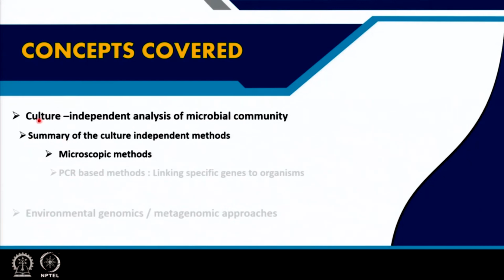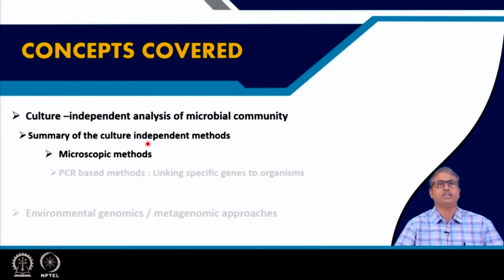We will introduce ourselves to the culture independent approaches that are being practiced, and a broad overview of the summary of different culture independent methods will be discussed, followed by the discussion on different microscopic methods, particularly the fluorescent microscopic methods, which have been used widely to describe the importance of specific groups of microorganisms or the general abundance and presence of living or dead microbial strains or microbes, and linking the function to different taxonomic groups of microorganisms present within different environmental biotechnology systems.